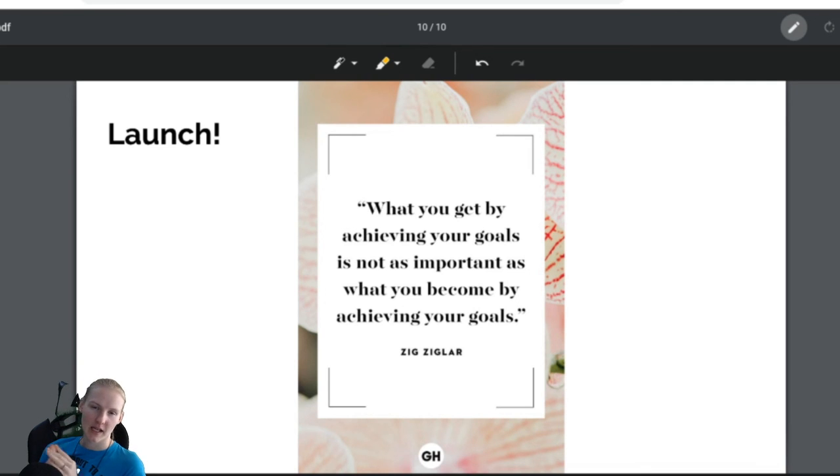So the example I like to use when I think about this is, for me, a goal is to get a house. And getting that house is not as important as the hard work it took to get that house. Because the house is important, don't get me wrong, the house is important, and I'll be very happy when I get one. But the hard work that it takes to get a house is what's going to sustain me being able to pay my mortgage on that house.